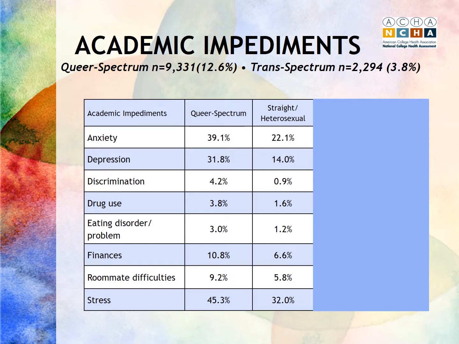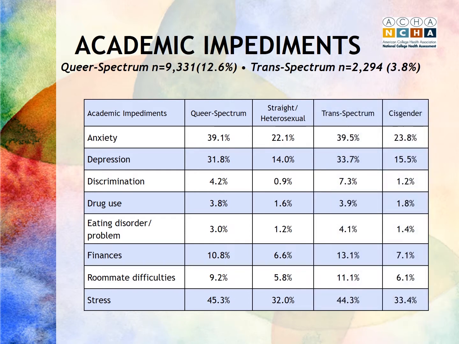Depression interfering with their academic performance is twice as high. Drug use, we looked at those differences in use just a few minutes ago, but you can see more than twice as many students report drug use impacting their academic performance. 2.5 times more queer students report eating disorders impacting their academic performance. And really the highest difference here is under discrimination, where that difference is 4 times for queer spectrum students.